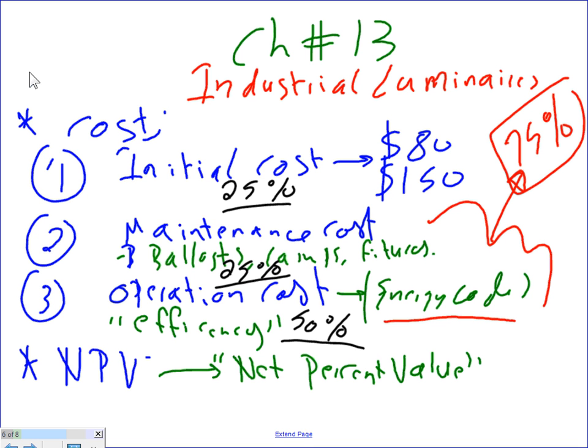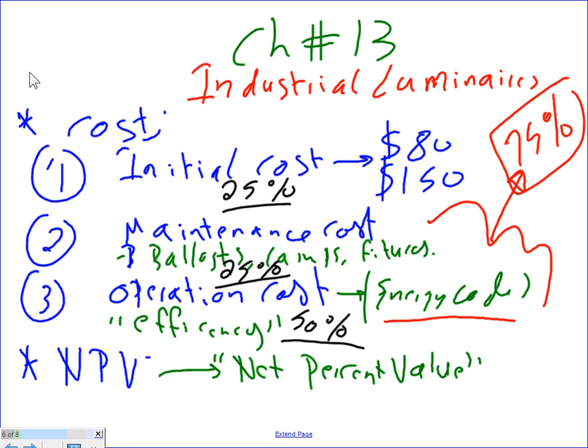One is the cost, and I'm going to summarize the cost with the NPV value. You get an NPV value for this fixture that takes into consideration the initial, the maintenance and operation cost. The rule of thumb when you become an expert in lighting design is you need to buy a fixture that's expensive initially, but cheaper to operate. Why?